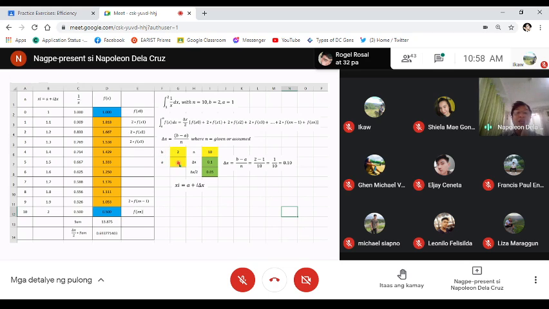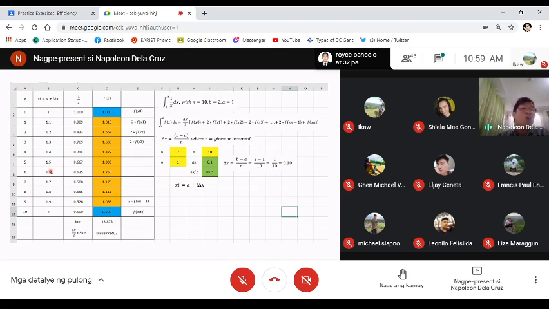Ang a is equal to 1, b is equal to 2, n is equal to 10. Solving for delta x is 0.1. Solving for delta x over 2 is 0.05. Kinuha lang yung kalahati nito, kasi mamaya, makikita ninyo, kailangan natin ito doon.